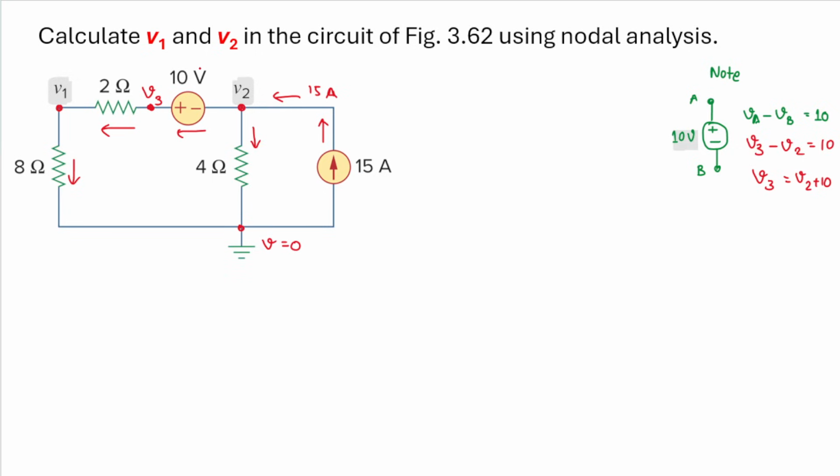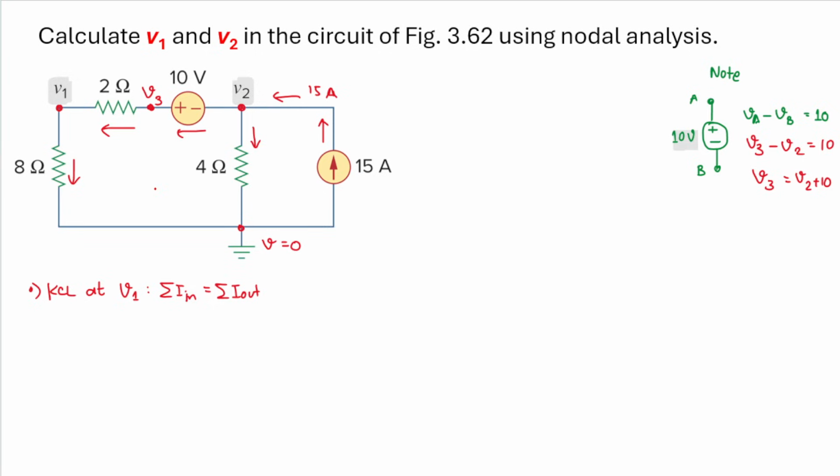Let's start from node V1. Let's do KCL at node V1. KCL says that the sum of the current that goes in equals the sum of the current that goes out.